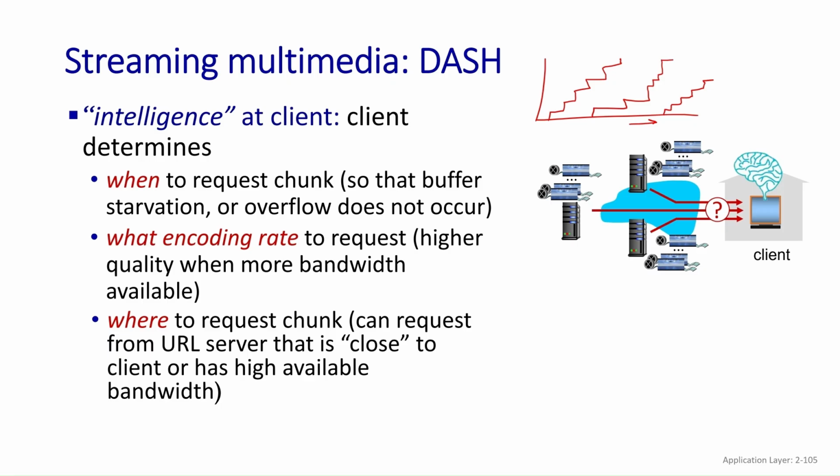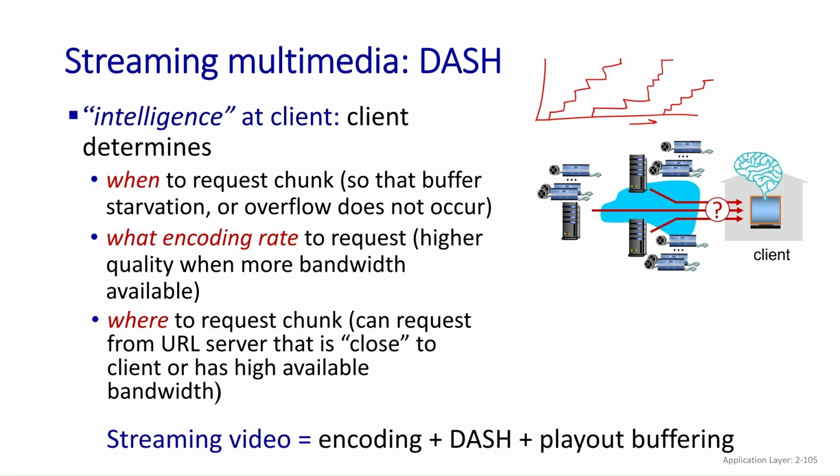So the role of the client is very important. Streaming video is a combination of how the video is encoded and, most importantly, this DASH protocol, in which we divide the video into different chunks.